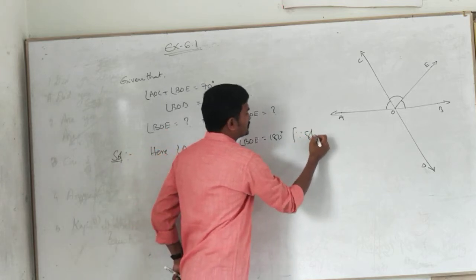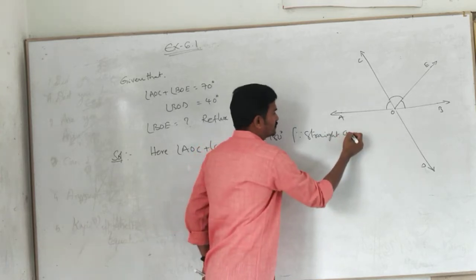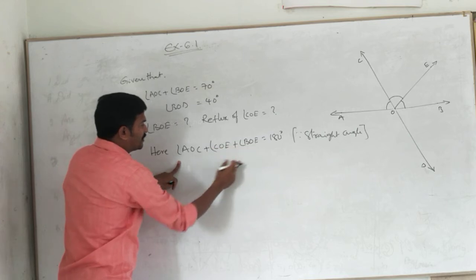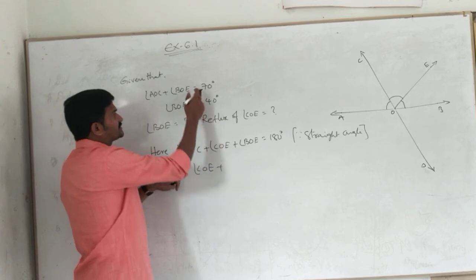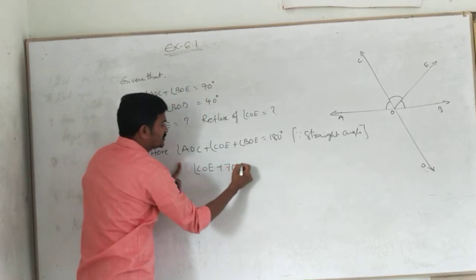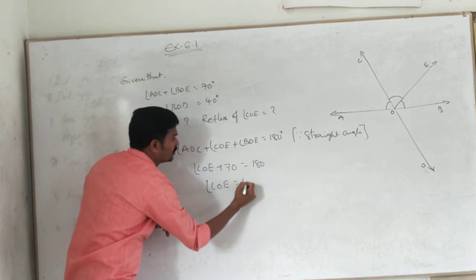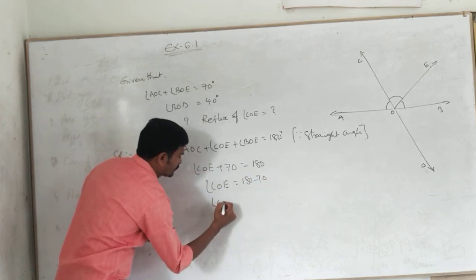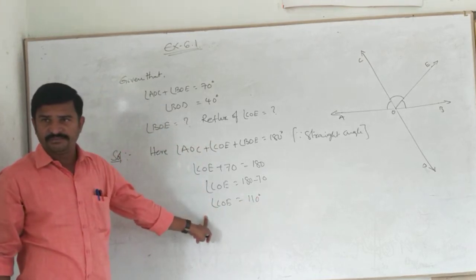Why? Since it is a straight angle. Are you clear? Now angle AOC plus angle BOE, instead of these two, shall I write 70? Yes, because 70 is given. So angle COE plus 70 equals 180. Then angle COE equals 180 minus 70, that equals 110.